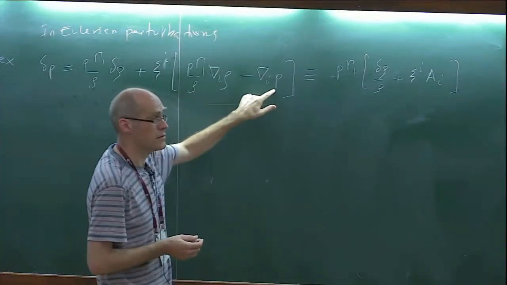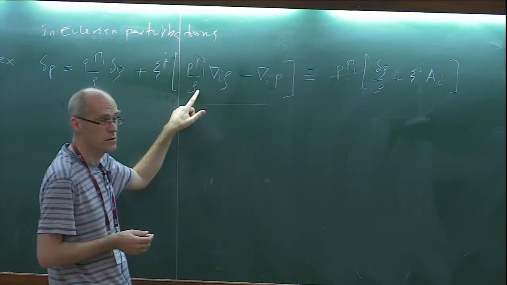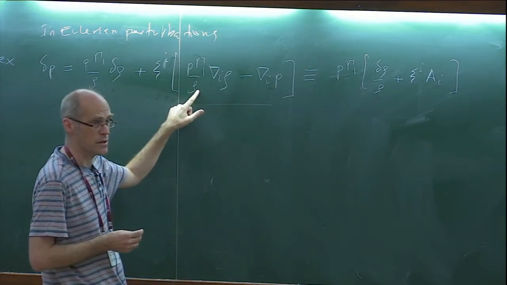Because this is the only difference, right? This would be very simple if I just had this term. So when does that happen? Well, that happens when variations in the background are described by the same relation as the perturbations, right?